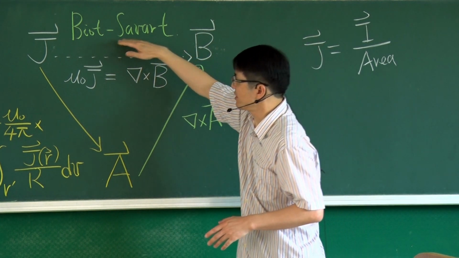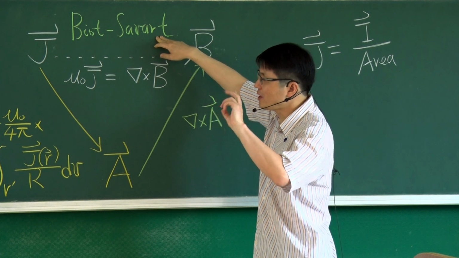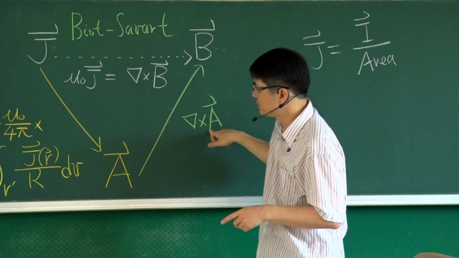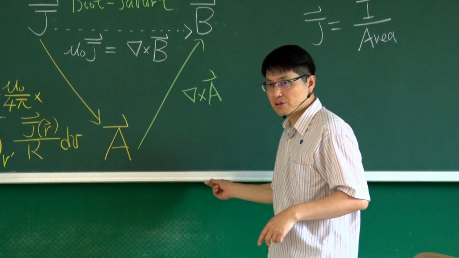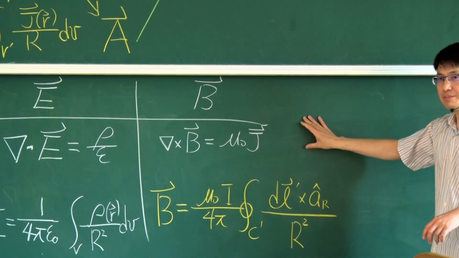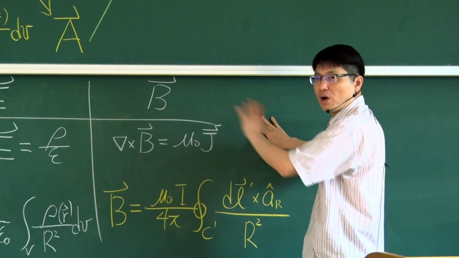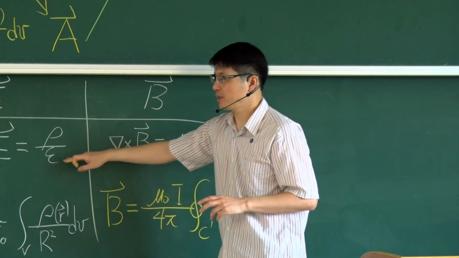But Biot and Savart saw the possibility to really operate the curl on this generalized form. So in the end, magnetism has a one-to-one counterpart to electricity.